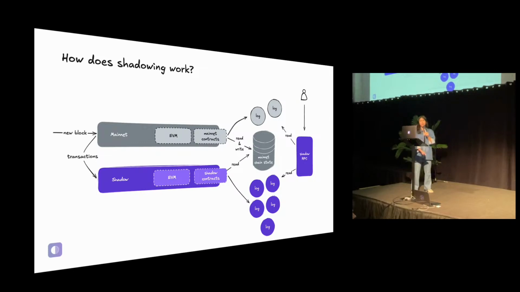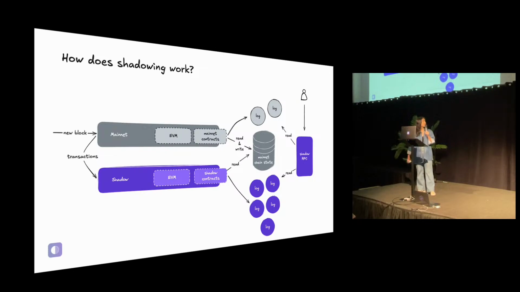This environment is super similar to mainnet execution, but instead of executing the mainnet contract bytecode, it swaps out the mainnet contract bytecode with your shadow contract bytecode at the addresses of your shadow contract. And then when your shadow contract gets executed, it reads from the same exact mainnet chain state, but is emitting all these additional event logs. And then you can fetch these shadow logs over JSON RPC, just like you can fetch mainnet logs.